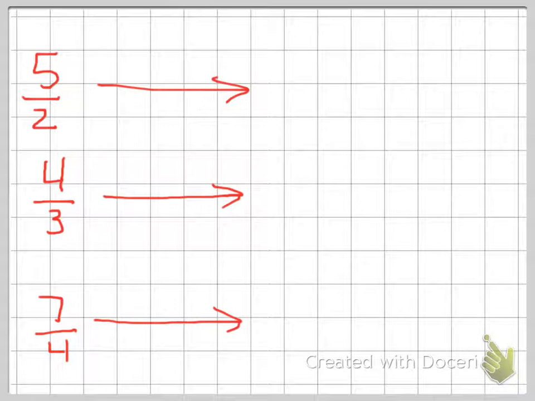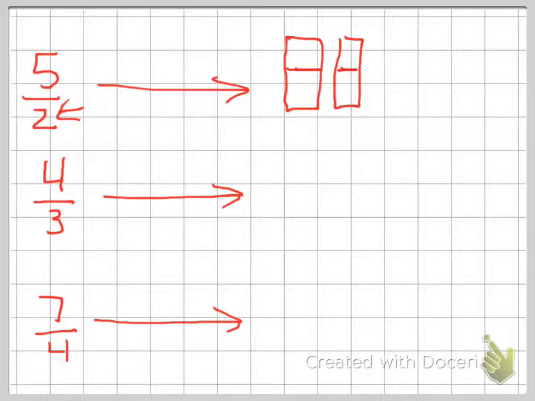Now we have one more thing before I let you go. We have improper fractions that you get to change back to their costume of mixed numbers. So look in this one, I'll do the first one for you. Still, it's going to be broken into 2 pieces. So I'm just going to keep drawing things that have 2 pieces until I think that I have 5 of them.